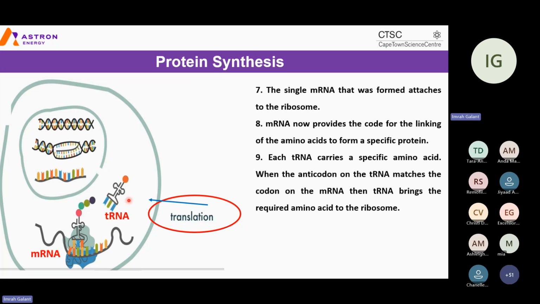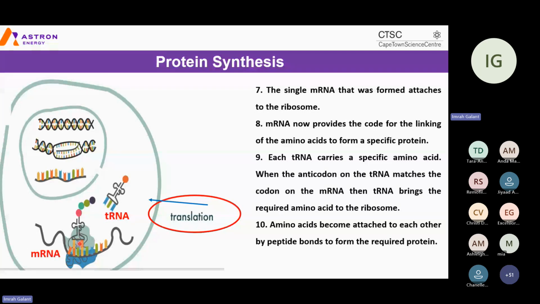So when the anticodon on the tRNA matches the codon on the mRNA, the tRNA brings the required amino acid to the ribosome. At the end, the amino acids become attached to each other by peptide bonds to form the required protein. Perfect.